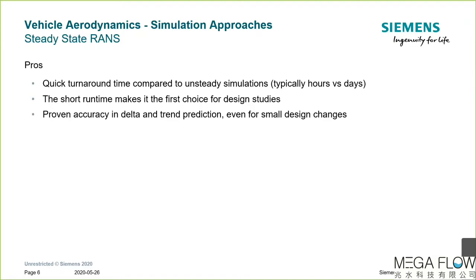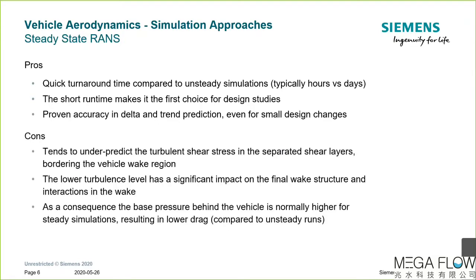But as we all know, steady state approaches also have some limitations. So a steady state RANS simulation tends to underpredict the turbulent interaction intensity in the separated shear layer. As a consequence, the lower turbulence level has an impact on the final wake structure, but also on the interactions in the wake.